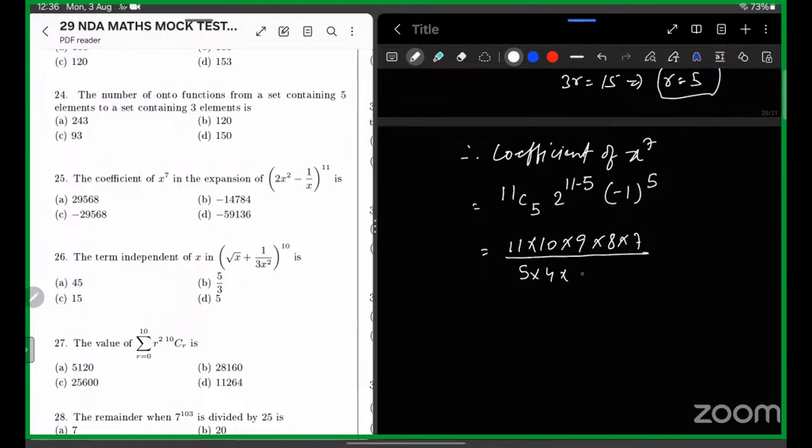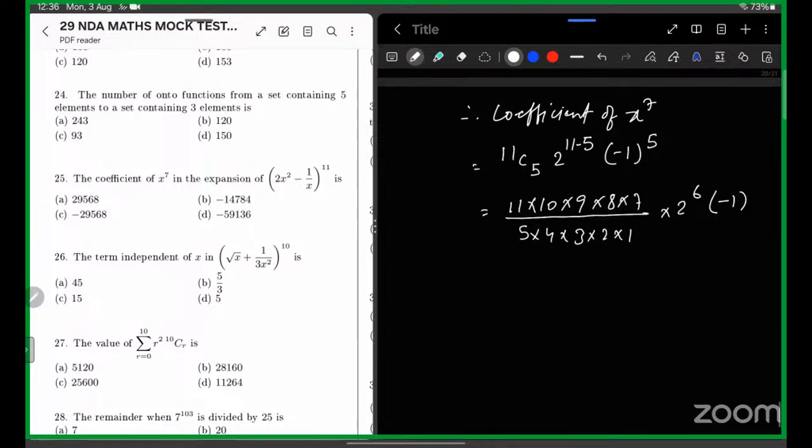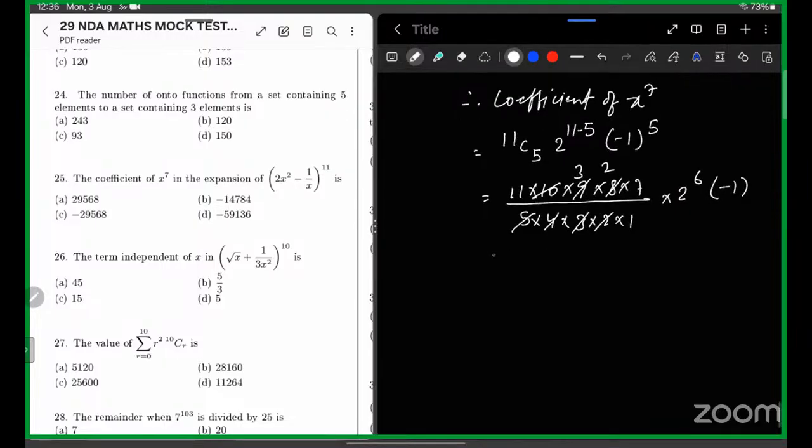5, 4, 3, 2, 1, 2 raised to power 6 minus 5 into 2, 10, 4, 8, 2 times 3. We are going to get 33 into 40, minus.